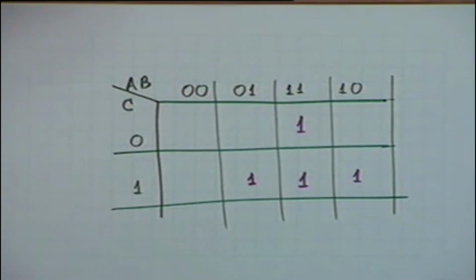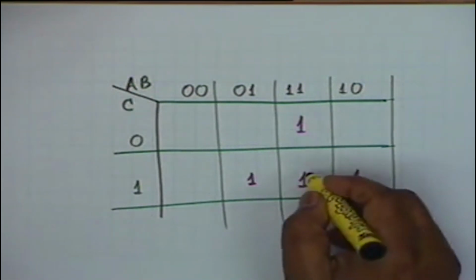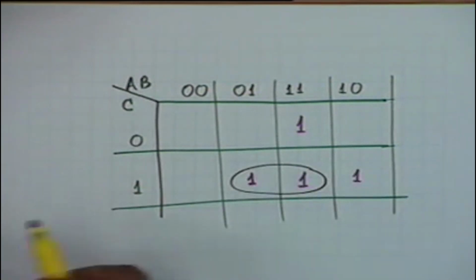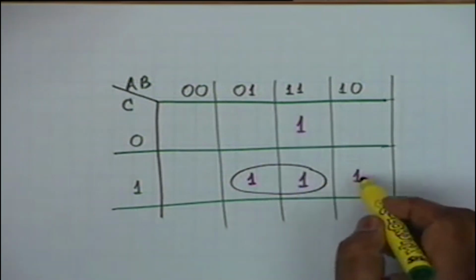Then what one does is one takes two adjacent ones. For example, I can take these two, and here there can be sharings. That is, a 1 here can be shared by this as well as this.